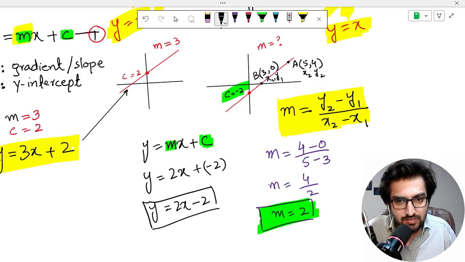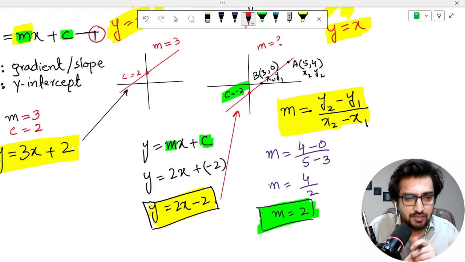Y equals 2x minus 2, that is the equation of that line. So this is the equation for that line. So this is the method.